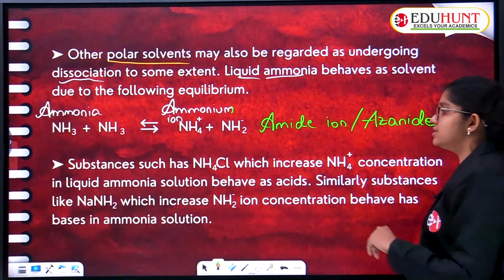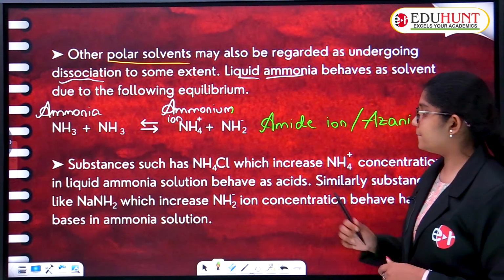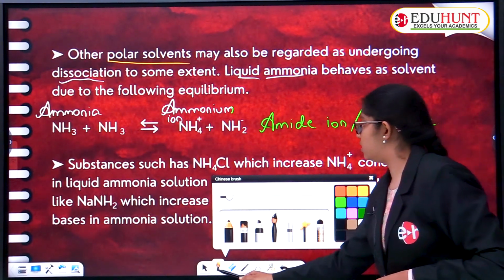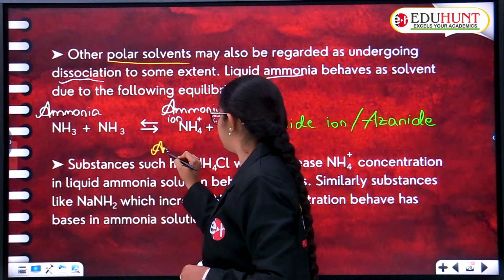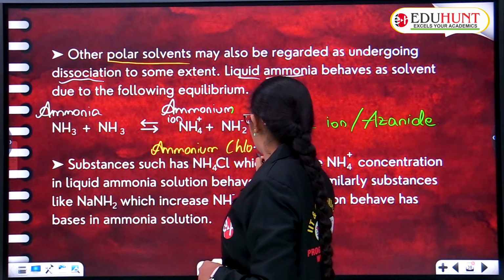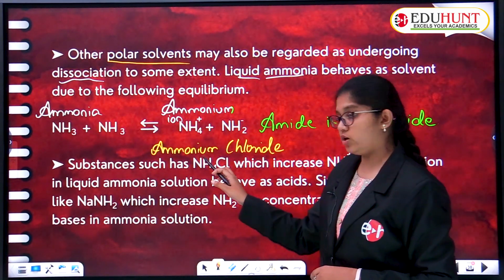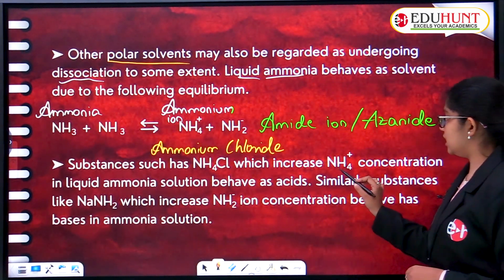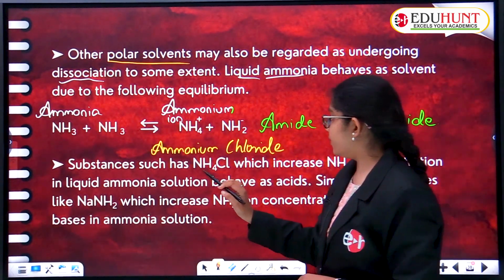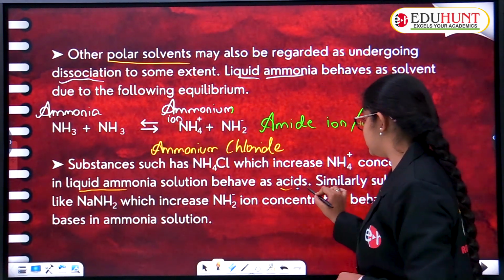Substances such as NH4Cl, ammonium chloride, increase the NH4 plus, the ammonium ion concentration, in liquid ammonia, where they behave as acids.